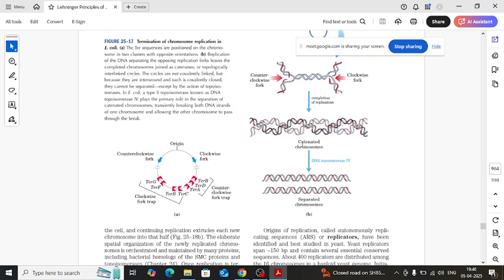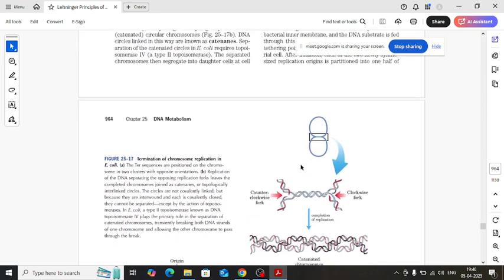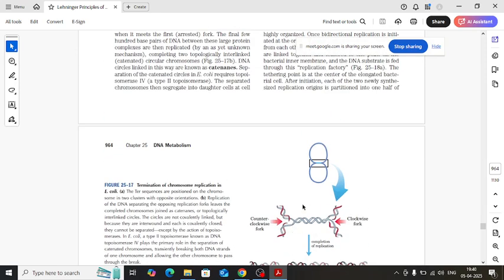So now this is called the catenated chromosome. So now DNA topoisomerase 4 will come and it will release these two chromosomes, right? So this is called the separated chromosome. So now it has been produced from this circular DNA, right? When the two replication forks come here, DNA topoisomerase 4 will produce the two separate chromosomes.